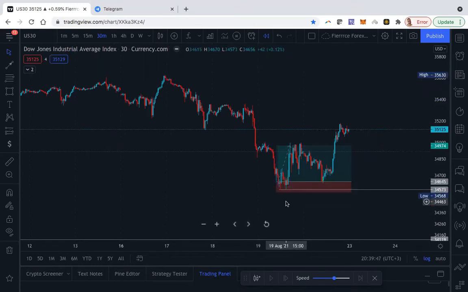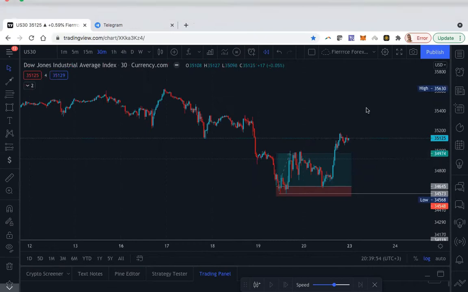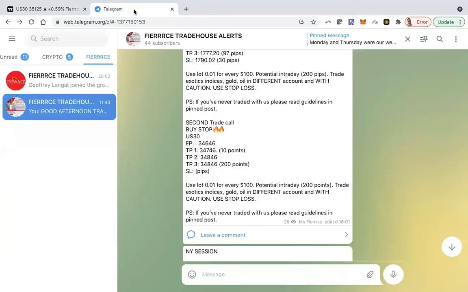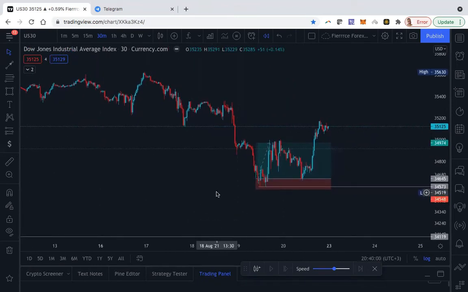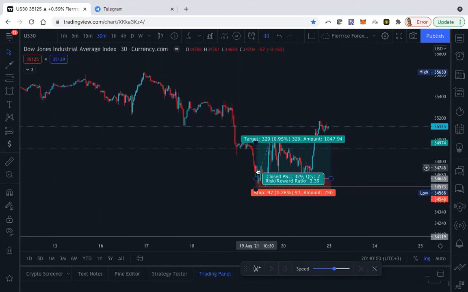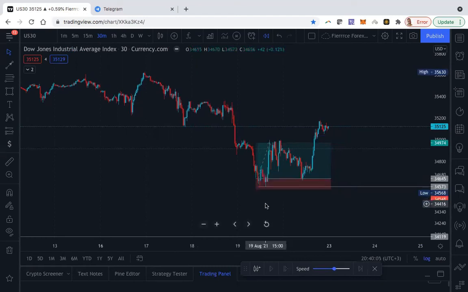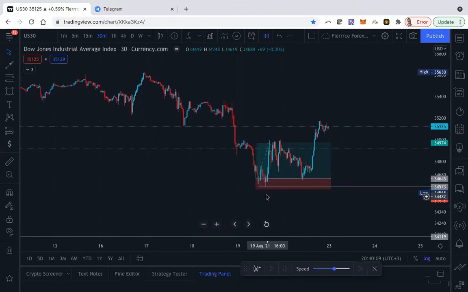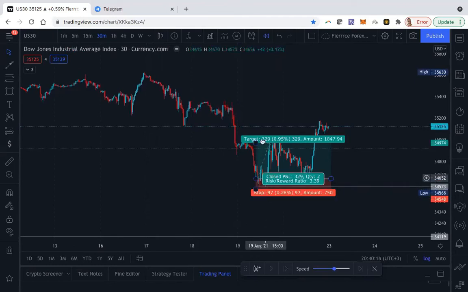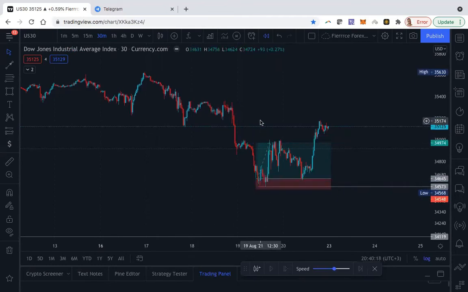The reason I called a buy stop was because I already knew it was going to push up. The trade started going down, and I was anticipating it to push lower, but it just hit slightly above our low. I thought it would come straight to our low, and then it started pushing up. That was a clean trade, and it went on up.